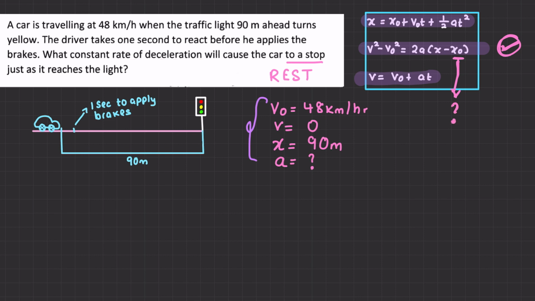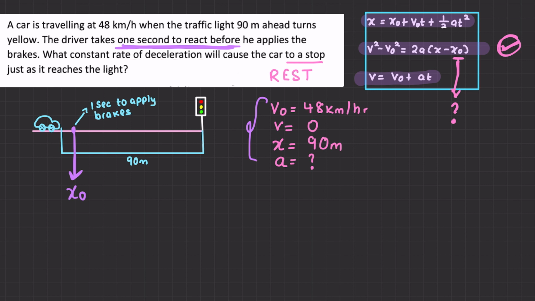And how do we get our initial distance when we are also looking for acceleration? Well, it's very simple with this question because they said that he takes 1 second to react. That means his initial distance starts at 1 second.